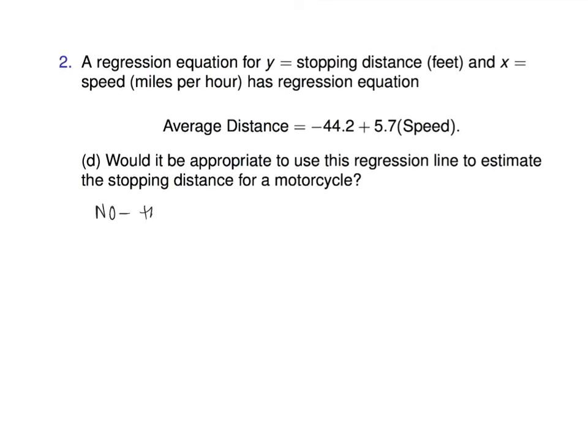So know the data used to make the regression line used cars. And that means it applies to cars. Now, what kind of cars is a bit more specific, I need to be more specific, because if I only looked at sedans, this wouldn't apply to trucks either, because trucks are bigger and I think that they take longer to stop. But a motorcycle definitely is not the same as a car.